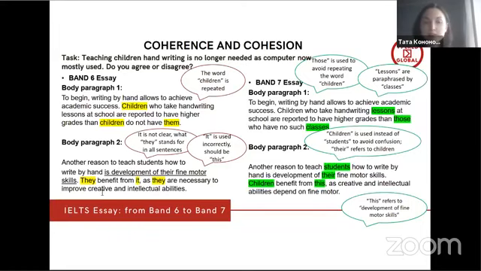In the second paragraph, the mistakes are quite the same. It's not clear what the word they refers to, and at the same time the word it is used to paraphrase, to replace the whole phrase, the development of their fine motor skills. But grammatically this is incorrect.